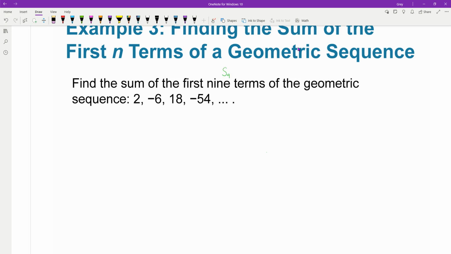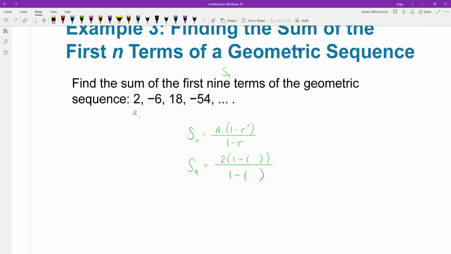My formula from the previous screen is S sub n equals a sub 1 times the quantity 1 minus r to the n, over 1 minus r. So I'm looking for S sub 9. So I'm going to fill in everything. What is my first term? My first term, of course, is 2. So a sub 1 is equal to 2.